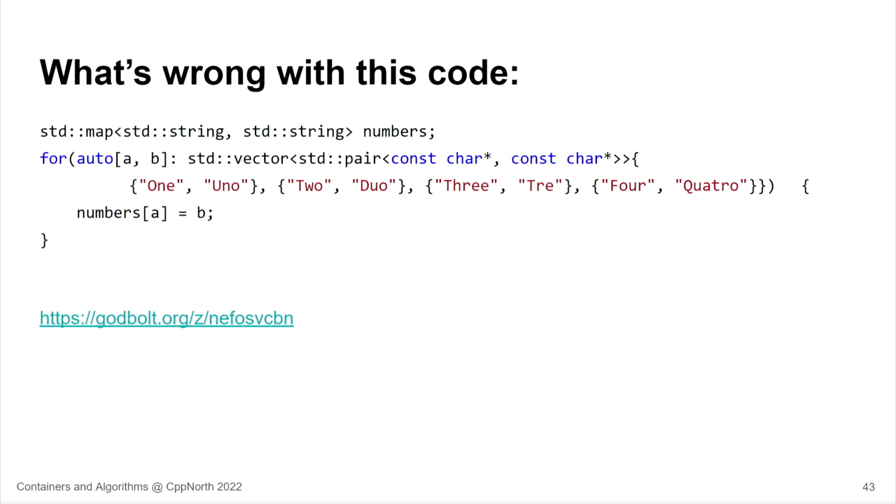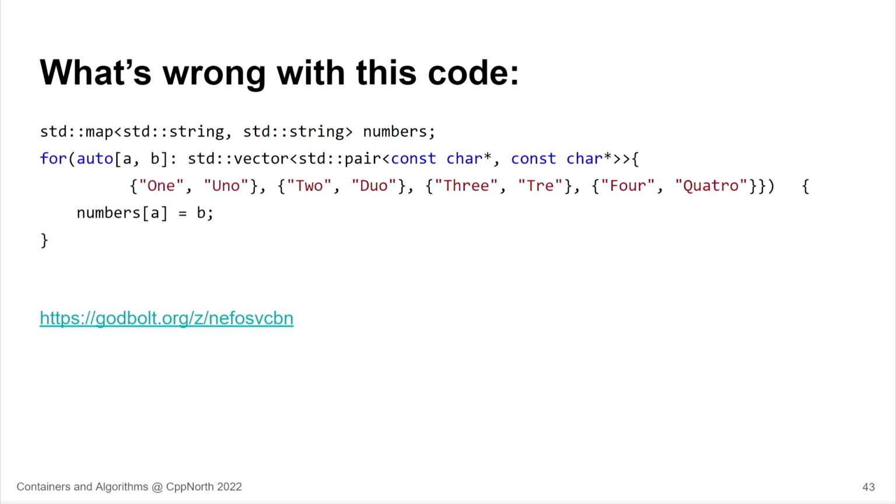All the char stars are still alive on the data segment. So we do have a valid vector of pairs, and we loop over them. It's C++17 structured binding, so we bind them by value to A and B. It's okay that we bind them by value because they are const char star. So eventually, A and B are const char star that we get in the loop.